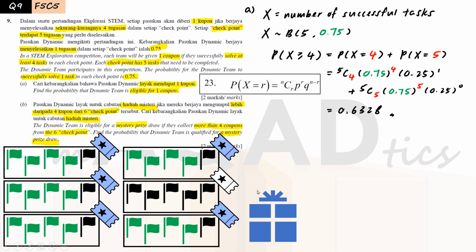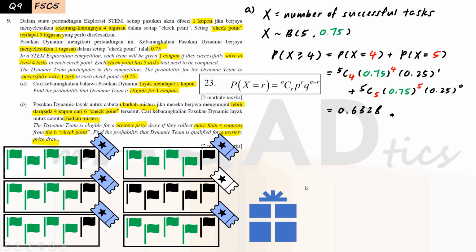This prize depends on the number of coupons that we have, then we can determine whether we can get the prize or not. But it's not following the number of successful tasks, right? So in this part B, we cannot use the distribution in part A, so we need to set another new one.